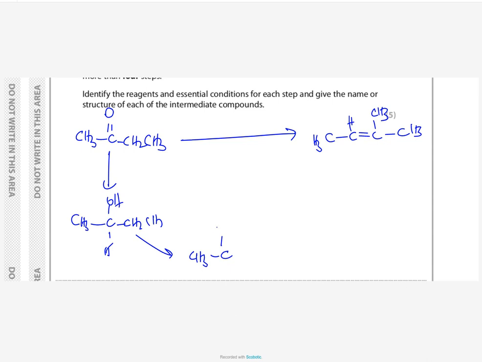But how about the carbon-carbon double bond? No, this is more than 4 steps then. You can add a methyl group easily here by a Grignard reagent, but how about the double bond? With a double bond here, that is not a good idea.